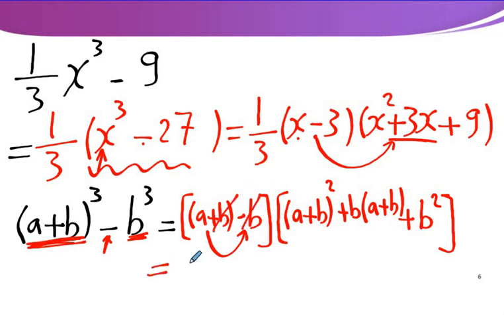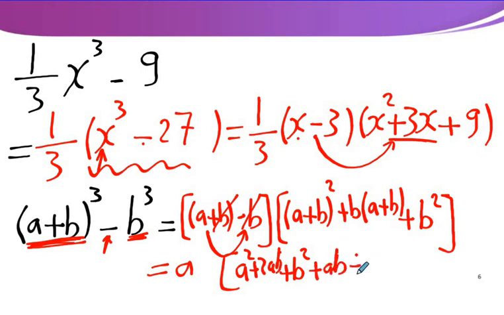Here will be, yes, a, and here a multiplied by a, a to the power 2, b multiplied by b equals b to the power 2, a multiplied by b multiplied by 2 equals 2ab, b by a equals ab, b by b equals b squared, and here is b squared.